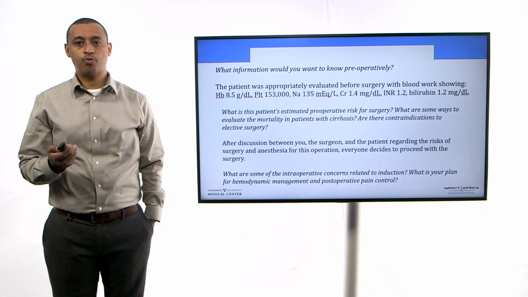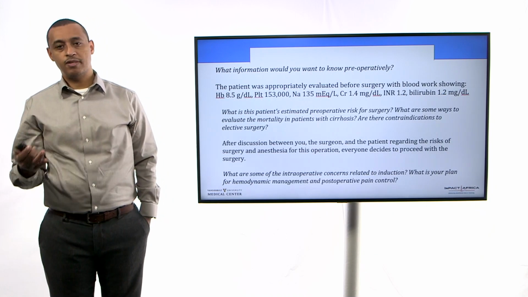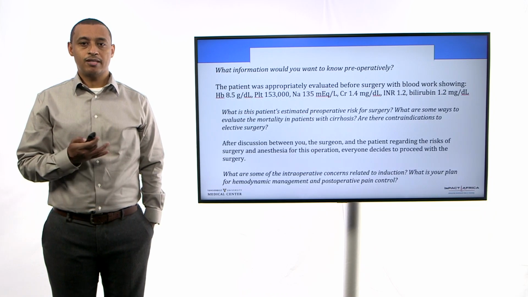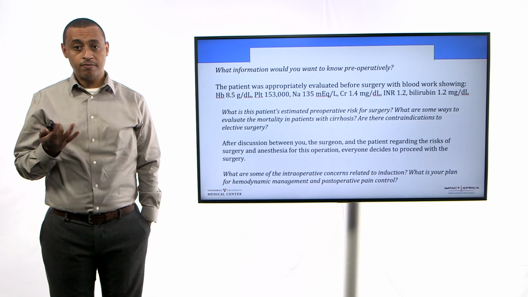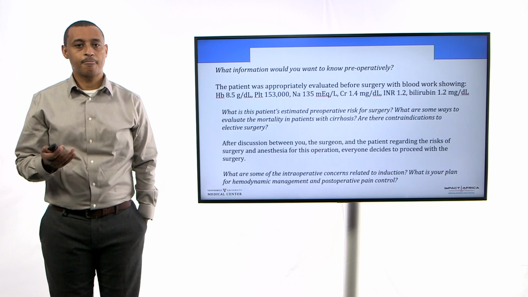So the patient was appropriately evaluated before surgery with blood work showing a hemoglobin of this, platelet count of that, and additional information. Then you ask the question, what's the patient's estimated preoperative risk for the surgery? Are there contraindications to elective surgery?